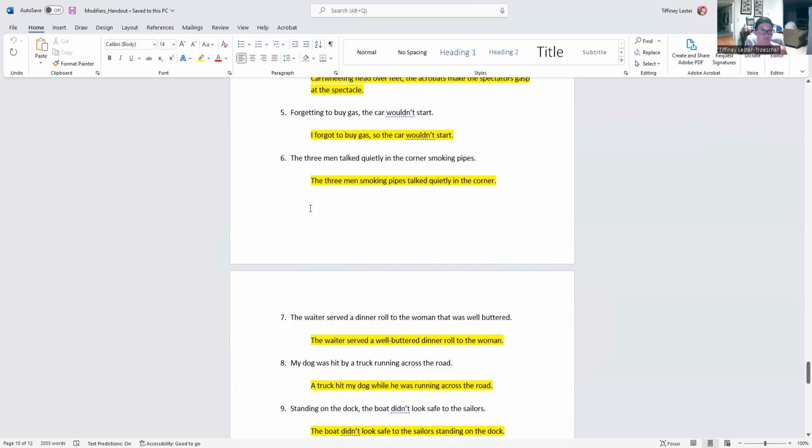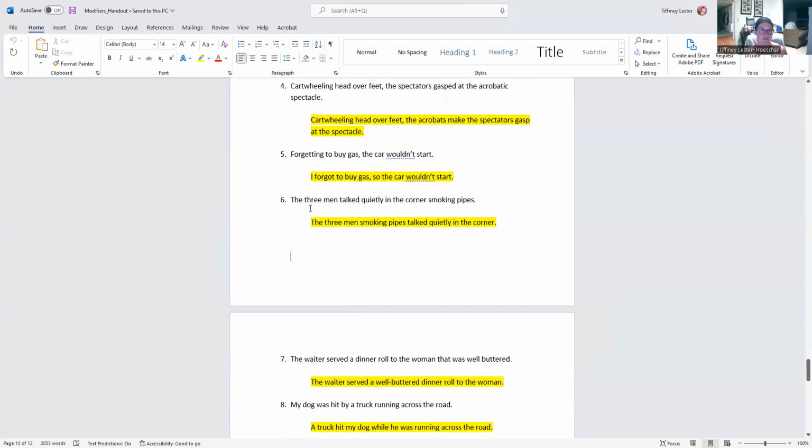You have to be careful, especially with the dangling modifiers, but also with the misplaced modifiers. And actually, those might be harder, or even more important, because those are the ones that can really confuse the reader or cause the reader to walk away with the wrong idea.